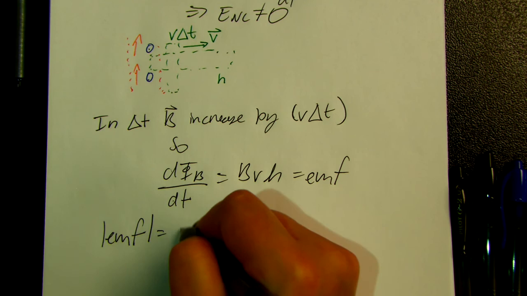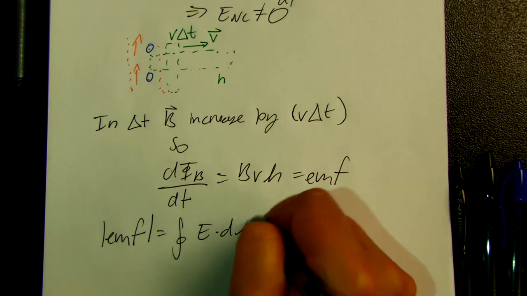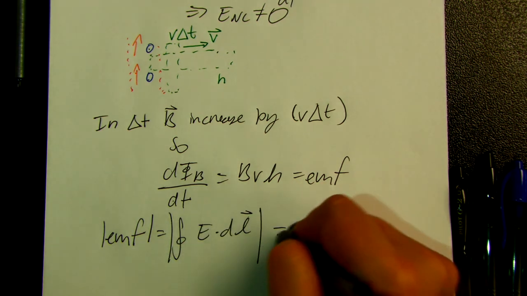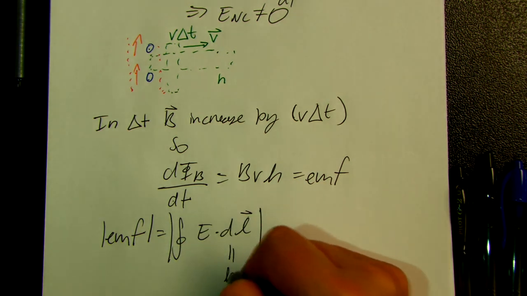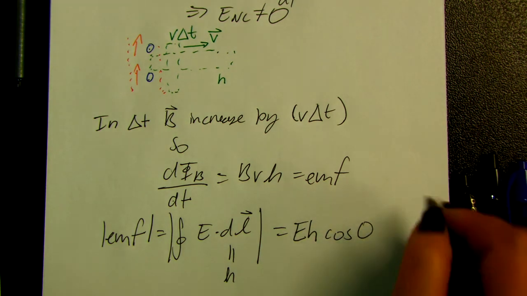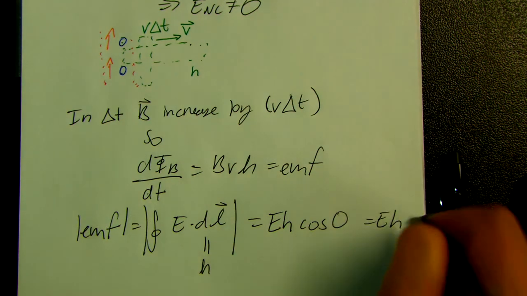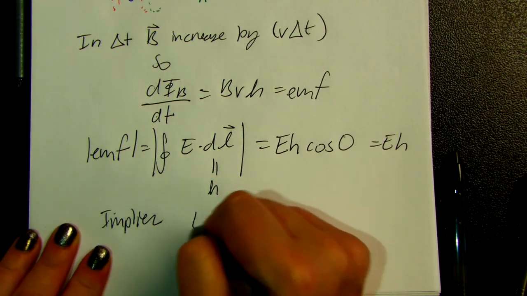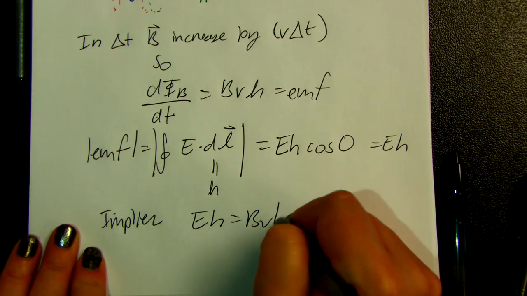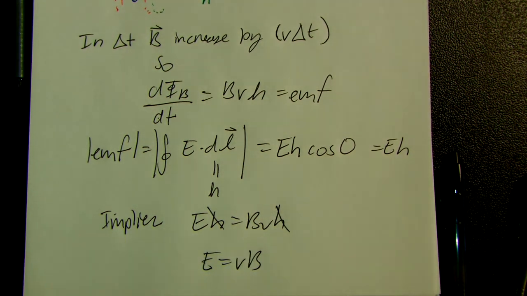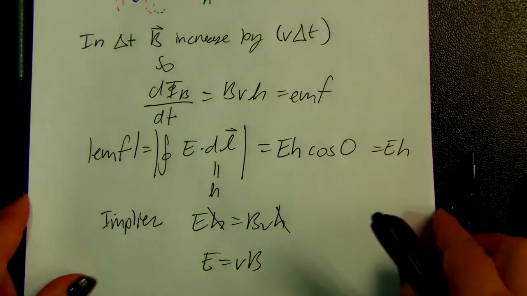EMF is equal to E dot dl, which is EH, cosine of 0 is equal to EH, which implies EH is equal to BVH. Cancel, cancel. E is equal to VB. All right, so checks out. We've seen this before. Fantastic.